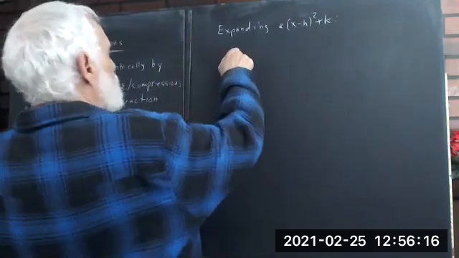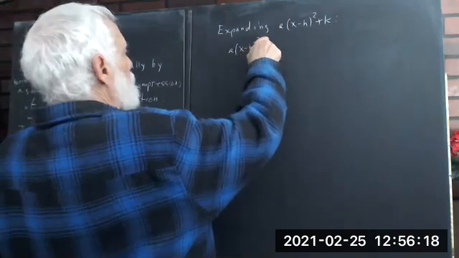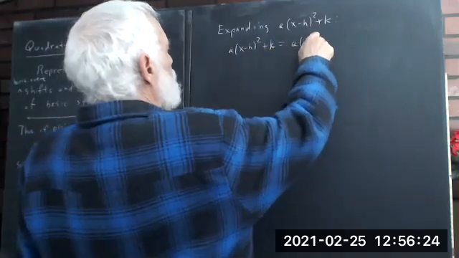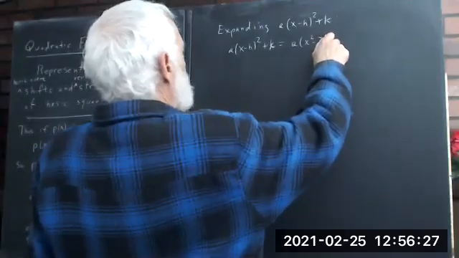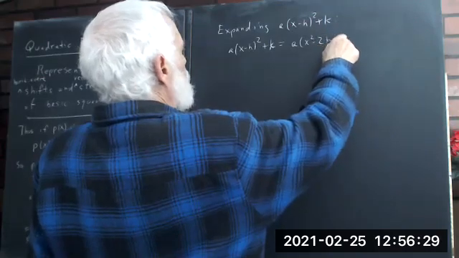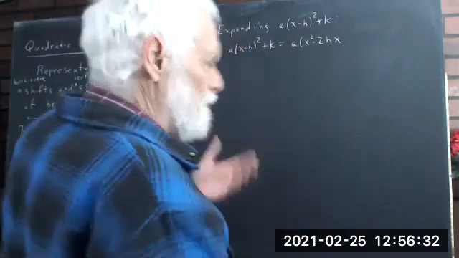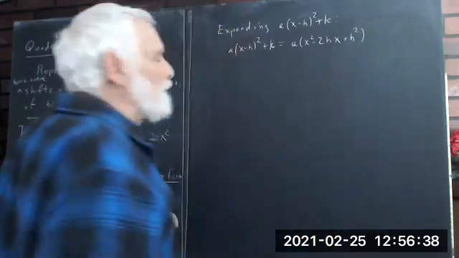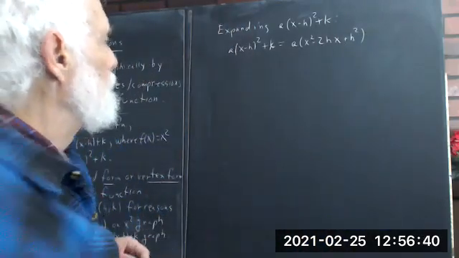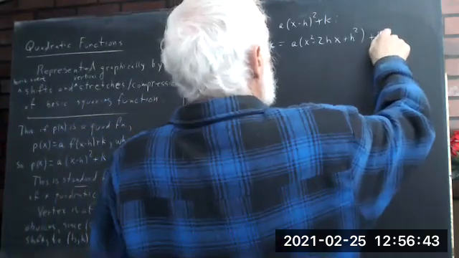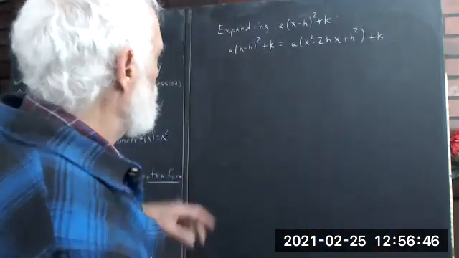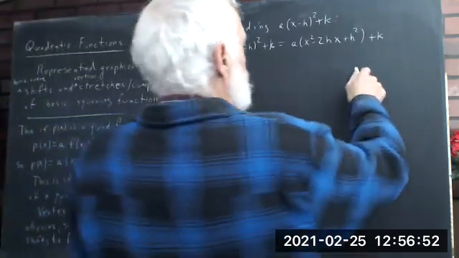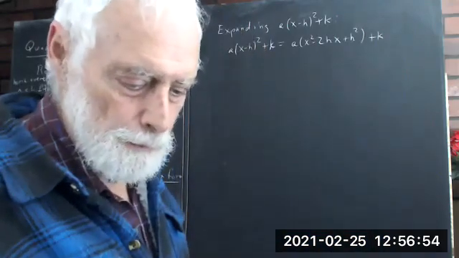Okay, well, A times x minus h quantity squared plus k equals A times x squared minus 2hx. Wanted to write xh for some reason. Had to stop and convince myself that that wasn't at all what I wanted to do. Okay. Well, it's equal to this plus k. And that's because x minus h quantity squared is, I'll write this as a little note.